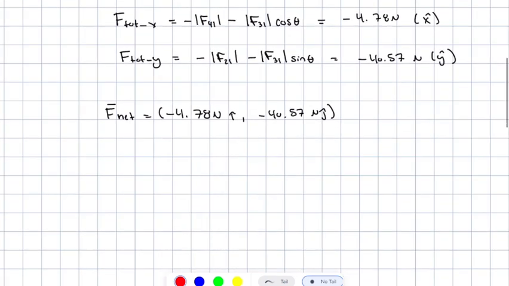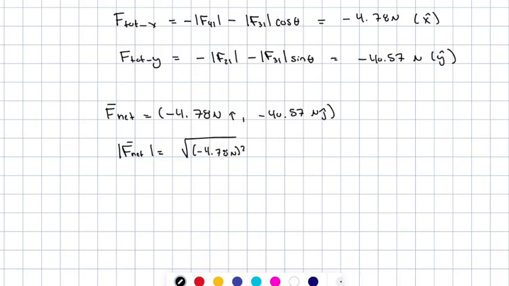First I'm going to calculate the magnitude of F net by taking the square root of negative 4.78 newtons squared plus negative 40.57 newtons squared, and that is going to give me 40.8 newtons. So that's just the magnitude.